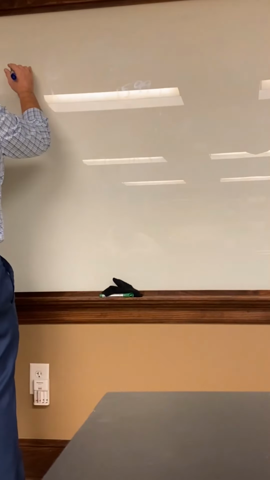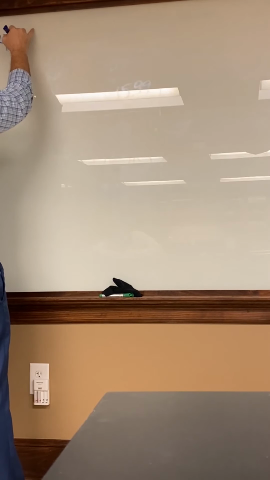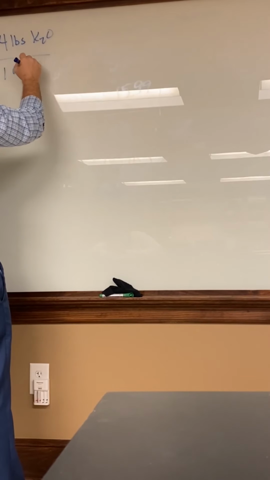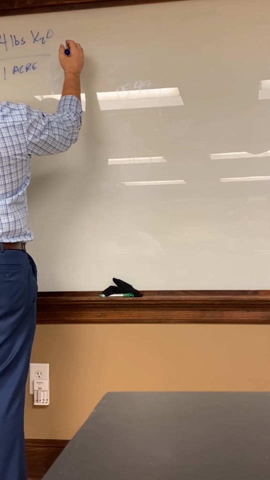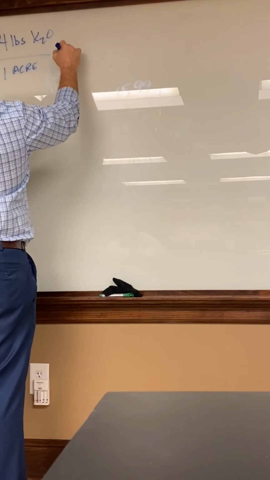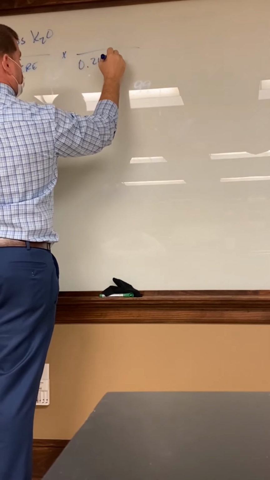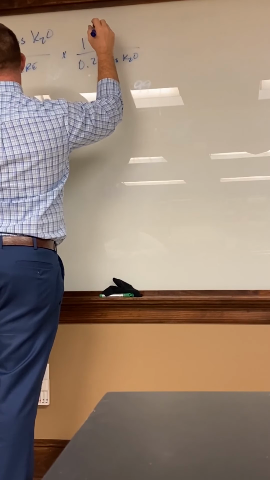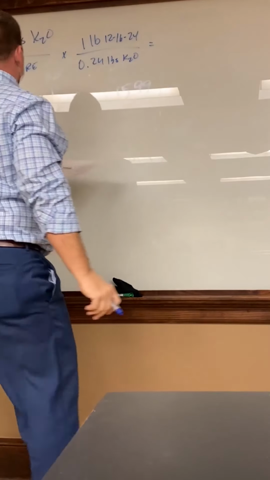All right, so the question is, for your 1 acre yard, soil test recommends applying 74 pounds K2O per acre. There are 0.24 pounds of K2O in 1 pound of 12-16-24.